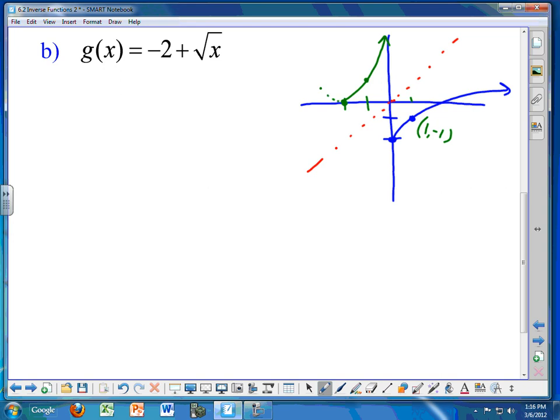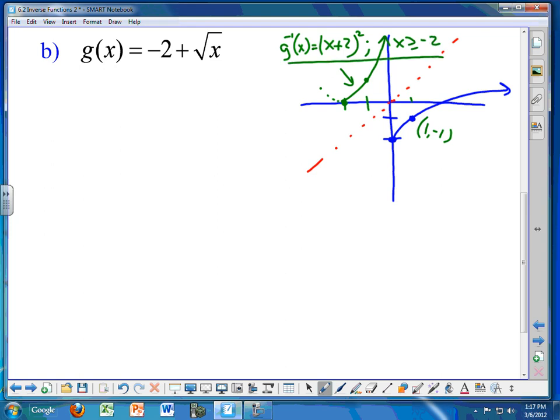And you could almost write out what this is. This is going to be x minus, excuse me, let me rewrite that. That's not x minus 2. That would be a transformation to the left. So g inverse of x would be x plus 2 squared, moving to the left 2, and then we need to restrict our domain, x greater than or equal to negative 2.